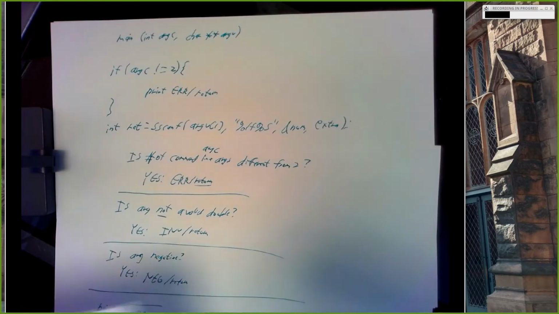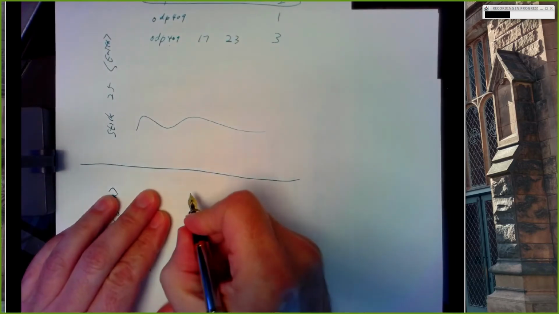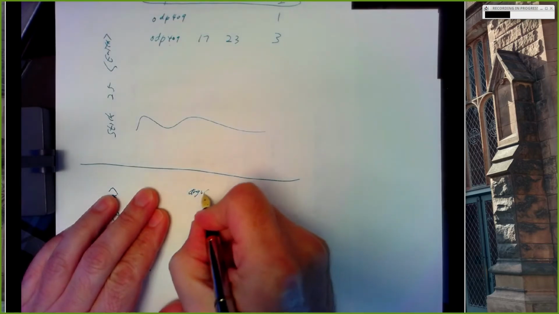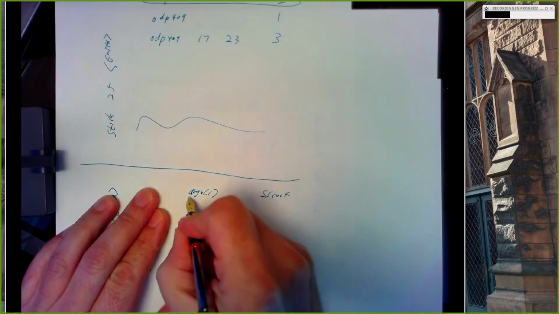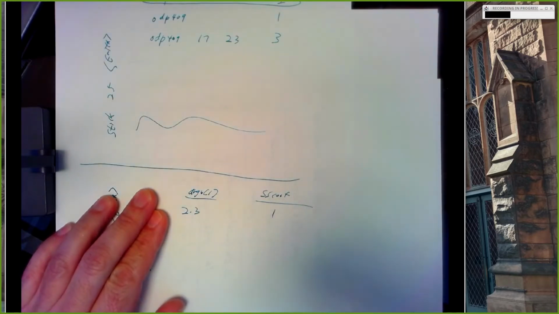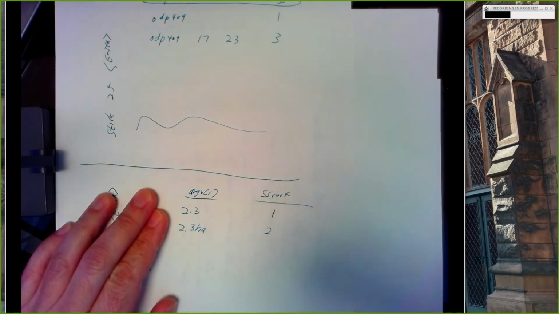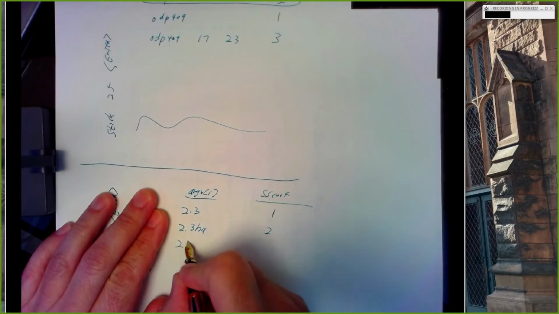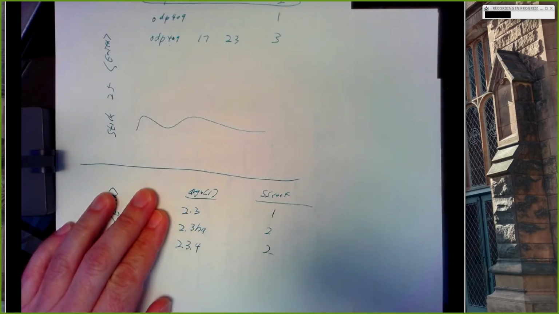And so what does scanf do? If you have a number like 2.3, this will return a 1. If you have a number like 2.3 ha, this will return a 2. If you have a 2.3.4, this will return a 2.